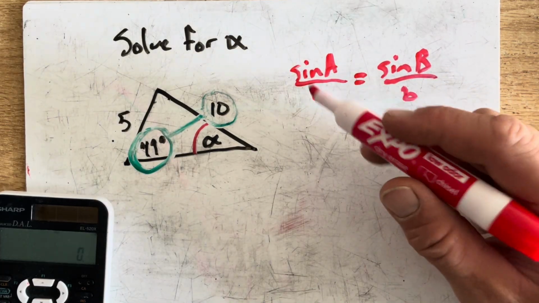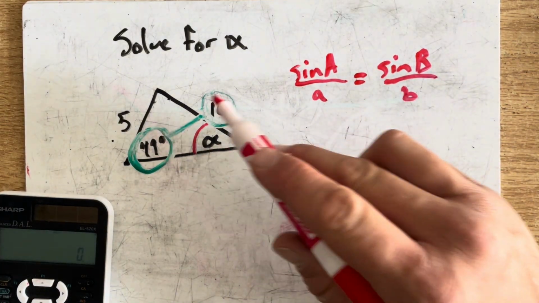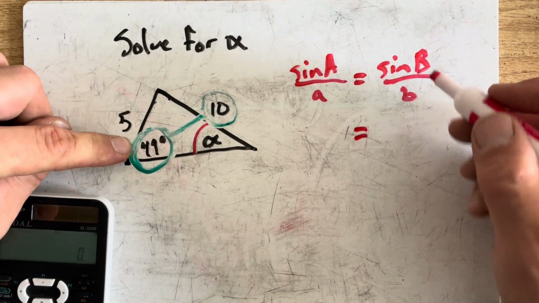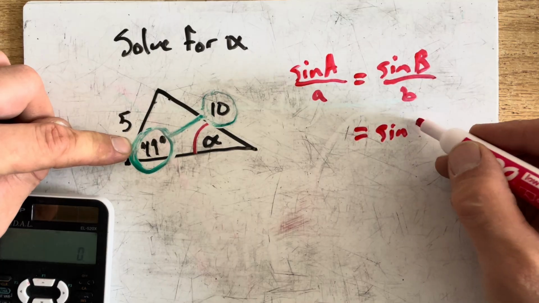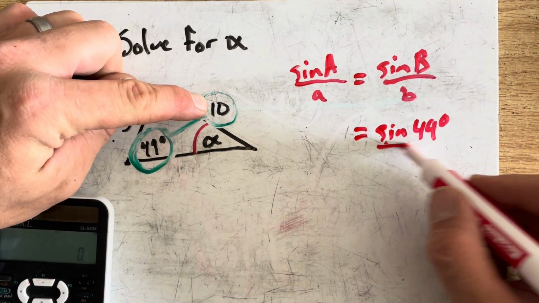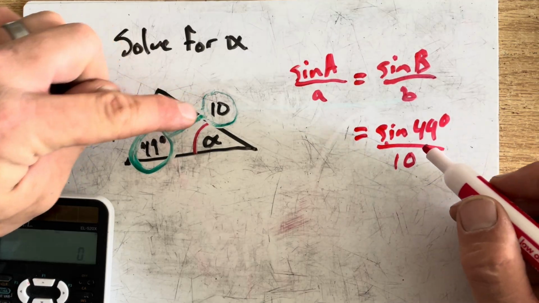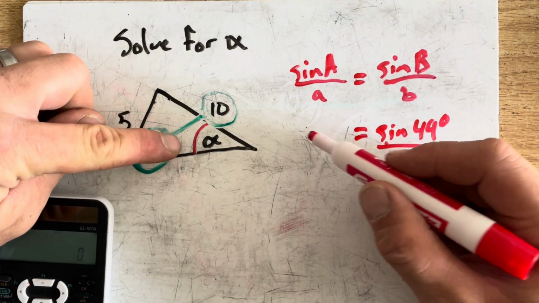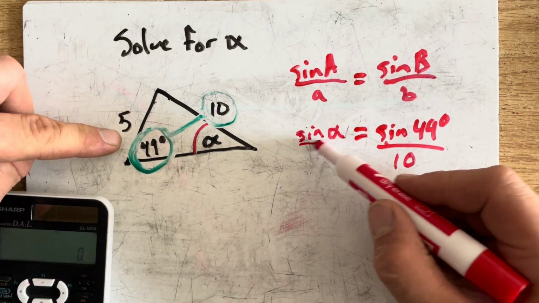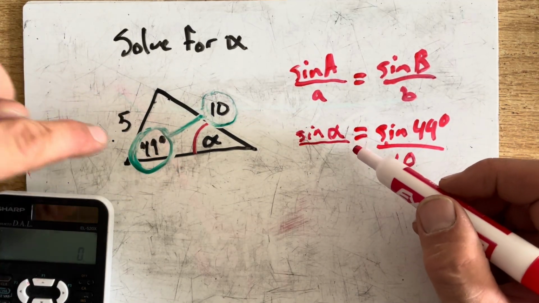So let's fill in the details. Our known angle goes here, so this will be sine of 49 degrees. Our known side length will be 10. Our unknown angle goes in for A, so alpha will be A, and the side length opposing it will be 5.